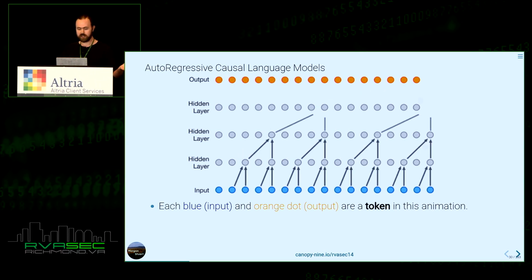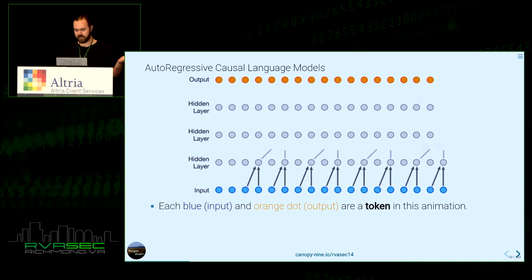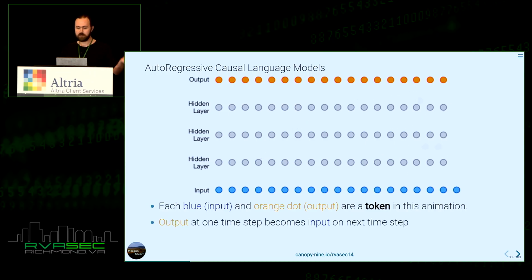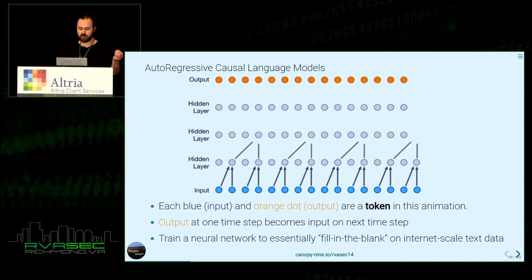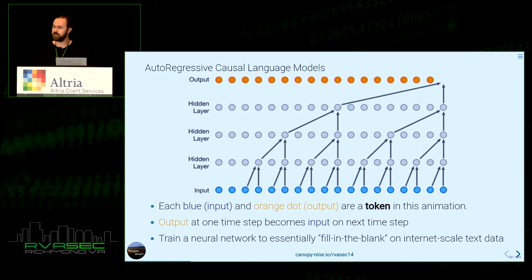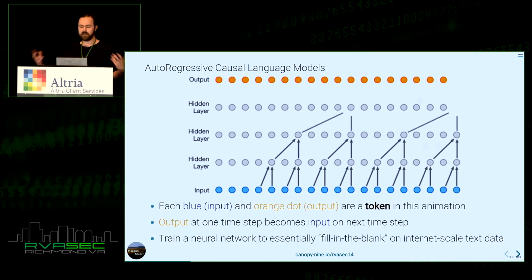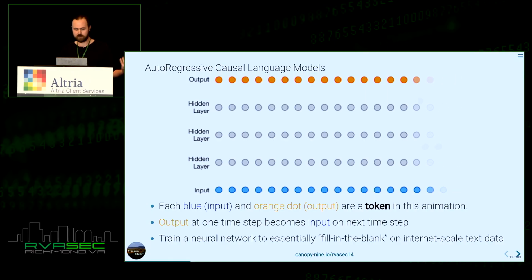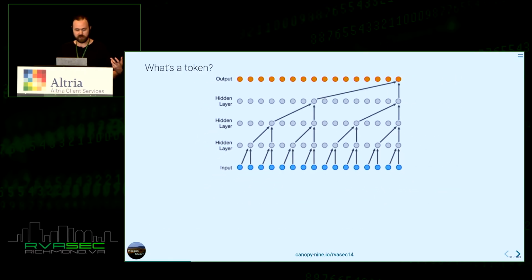The blue here is the input token, and the orange is the output token. And the output at one time step becomes the input at the next time step. That's the autoregressive part. Then we just train these neural networks. I don't train them, people with a lot of money train them, on a fill-in-the-blank problem at internet scale data, and we get these emergent capabilities, which is really incredible.